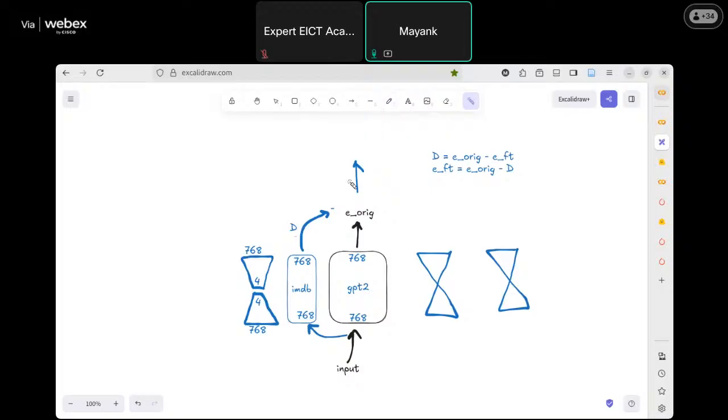How do we simply train? We get an output and compare it to our label, do a loss comparison, and then we backpropagate the loss. At the time of backpropagation, the loss flows only through this path because this part is frozen. These are not parameters, so we don't update these weights. We keep these weights frozen, only through this path. Okay.